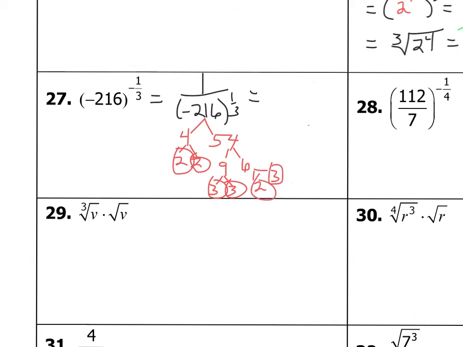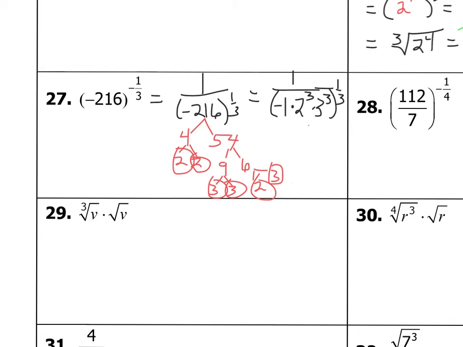So I actually have 1 over, and then I have a negative 1 times, and then we have 3 2's, so 2 to the 3rd, and 3 3's, 3 to the 3rd. And all of this is raised to the 1/3 power.